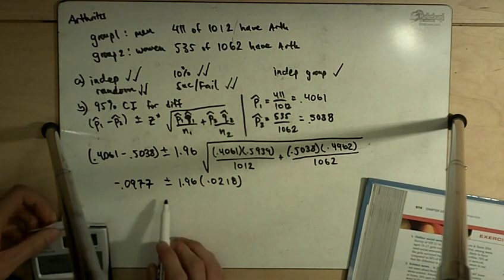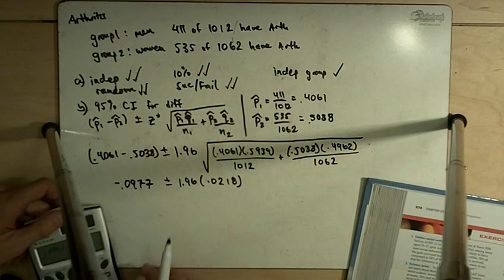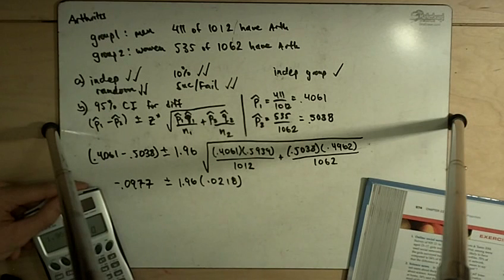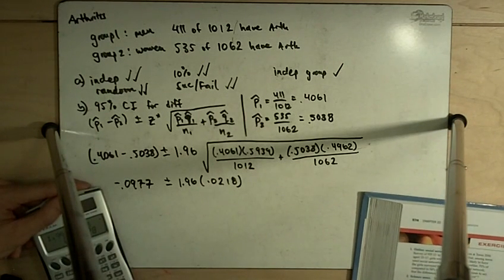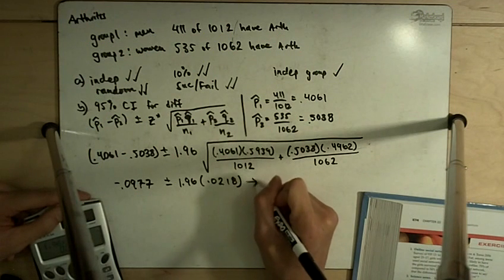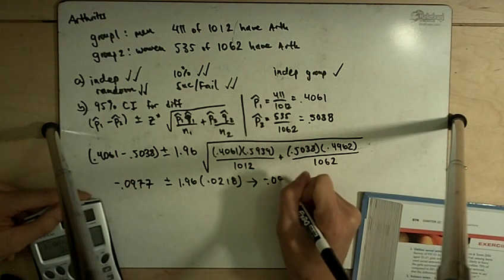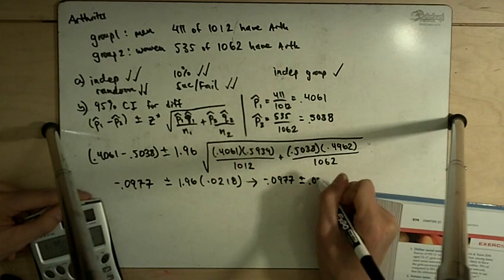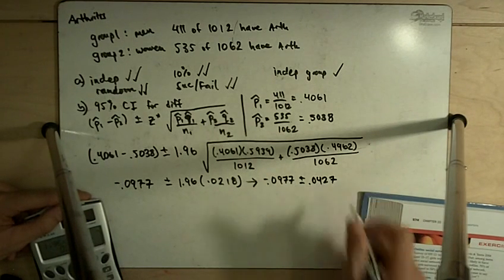So we have negative 0.0977 plus or minus 1.96 times 0.0218. So 1.96 times 0.0218 gives me 0.0427. So this goes to negative 0.0977 plus or minus 0.0427.